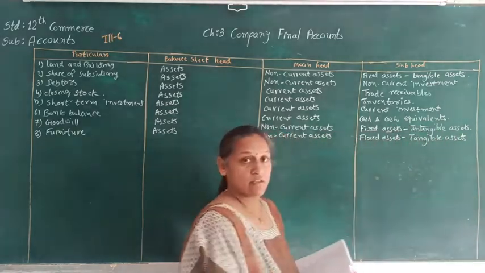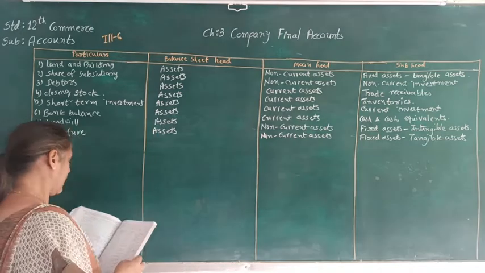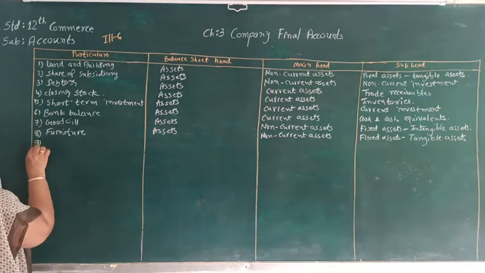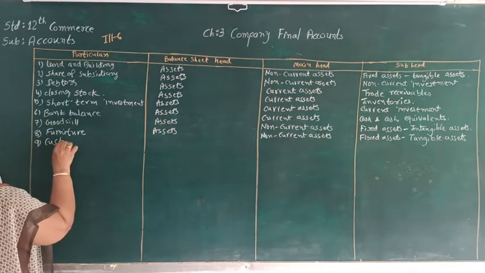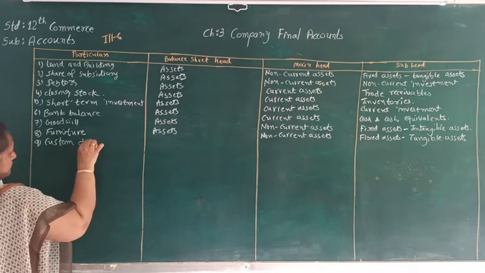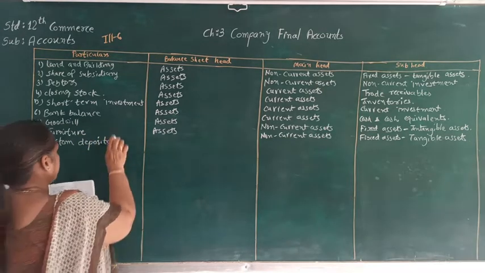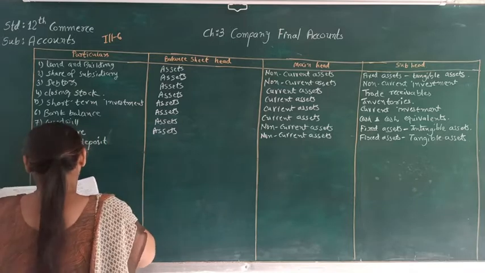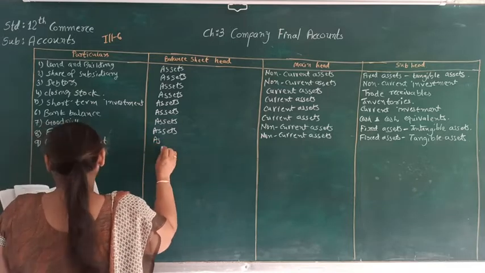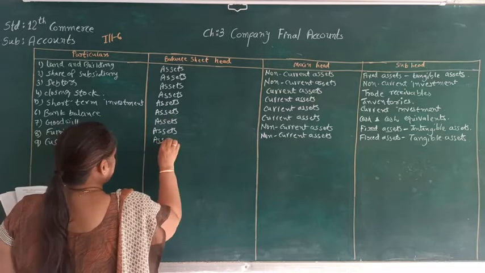After furniture, another asset is custom deposit. Number 9 is custom deposit. So custom deposit is an asset, and that is non-current asset.